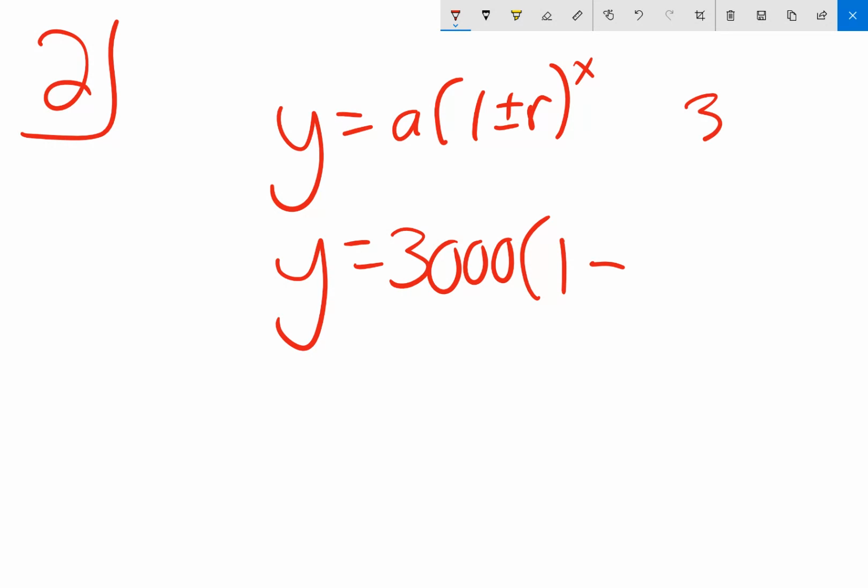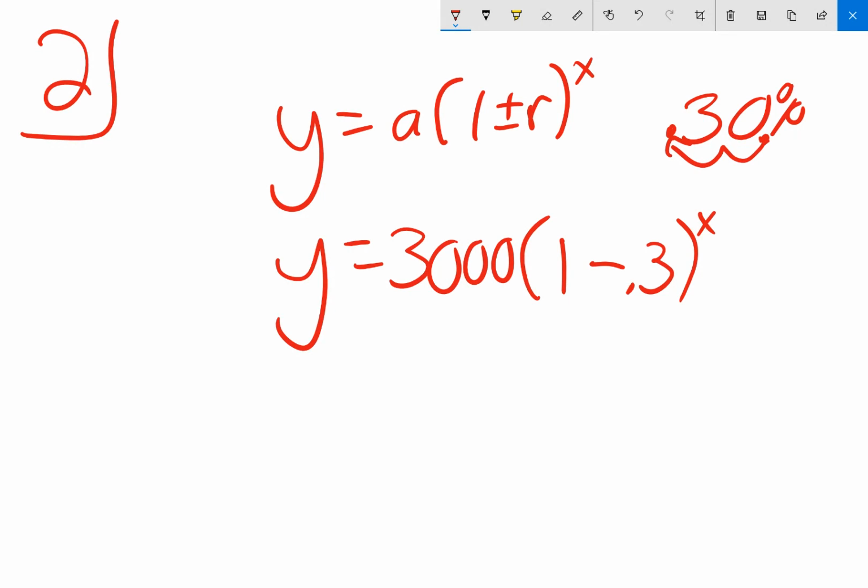Our rate is 30%. Now, as far as 30 goes, the decimal point would be right here after the 0, right? Because that's 30. You move the decimal place 2 times left, it's going to end up there, which makes it 0.30. I'm just going to leave it as 0.3, but you can write it as 0.30 if you want, to the x power. So there's your function. We've already mentioned it's decay.